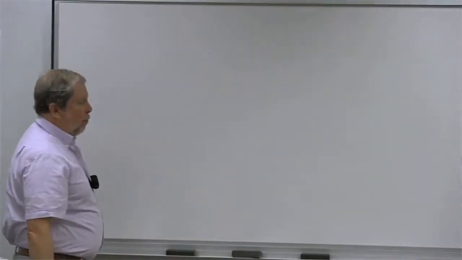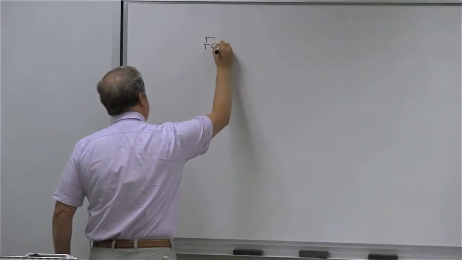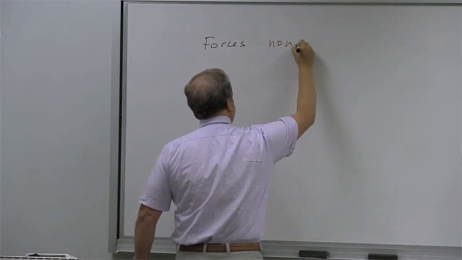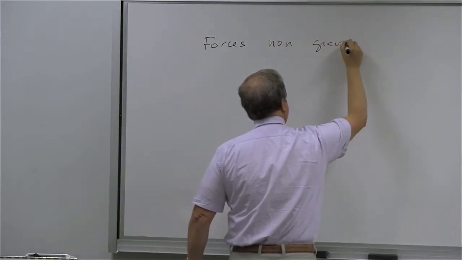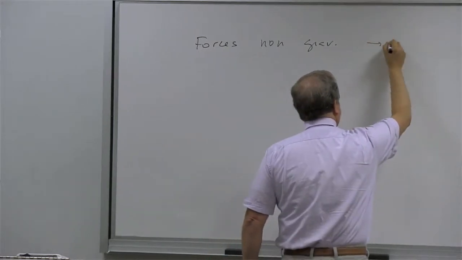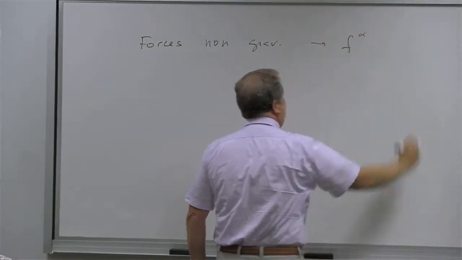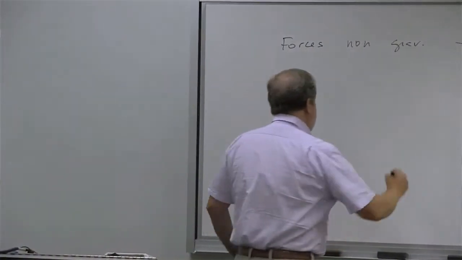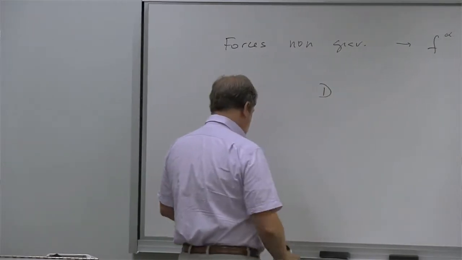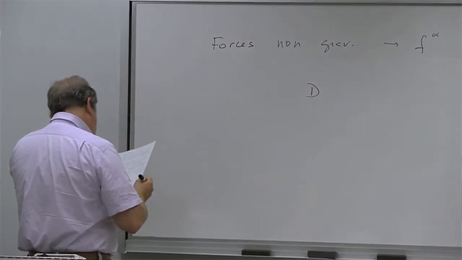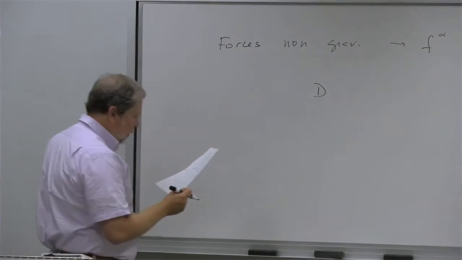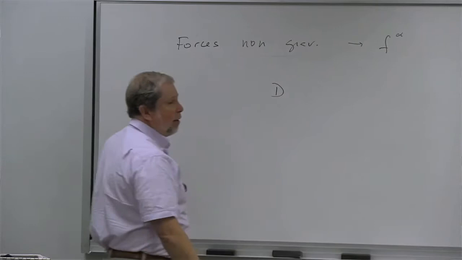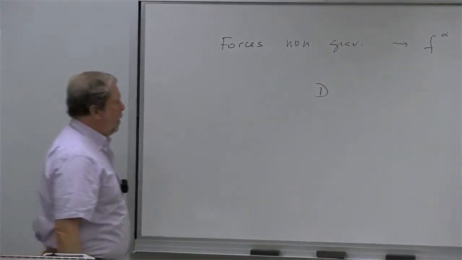Now, if you have forces that are non-gravitational, then those would be described in special relativity by this force, F alpha, right? And so you remember that in special relativity, we had this equation that involved the F alpha, which just says that the derivative of the four-velocity is equal to F alpha.